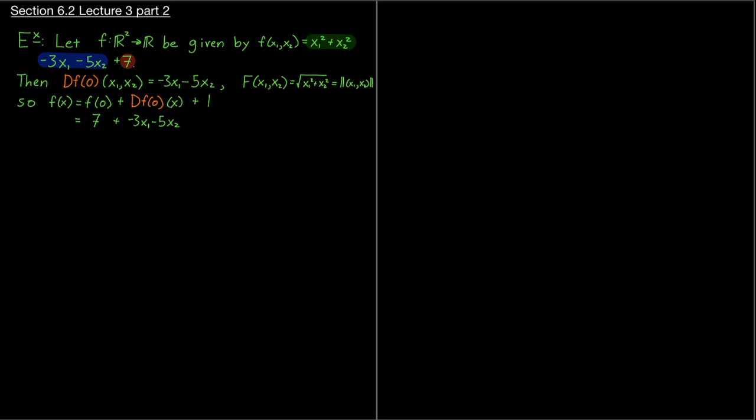And then we've got our norm of x minus 0 times big F of x. That's the square root of x1 squared plus x2 squared times itself.